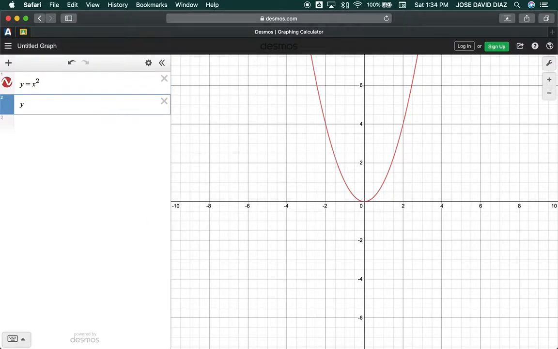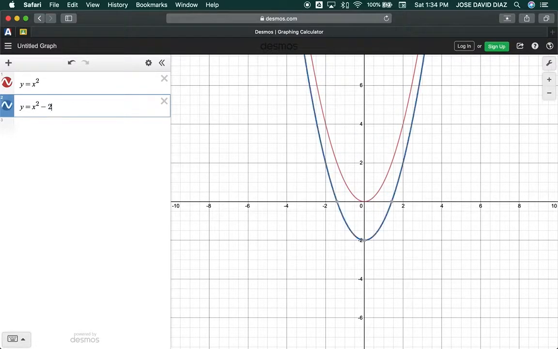What happens if I place y equals x squared and I add a number, plus 1 or plus 2 or plus 3? Or I can do minus 1, minus 2.